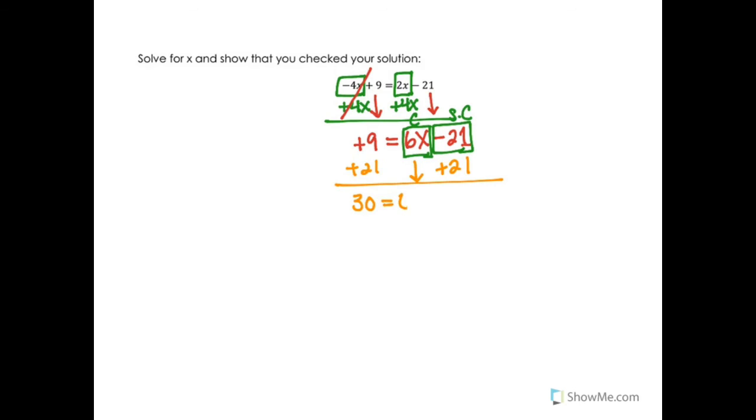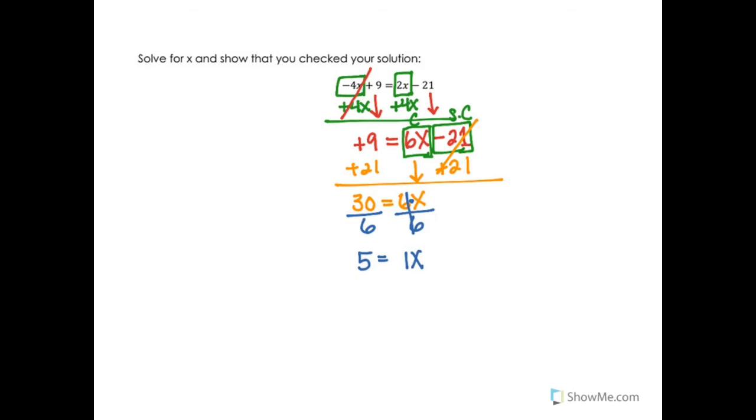I'm going to bring down this 6x that I haven't touched here, and these two things will cancel each other out. Now the last thing that we always want to do here is to make sure to divorce our couple. So we'll be dividing by its coefficient.